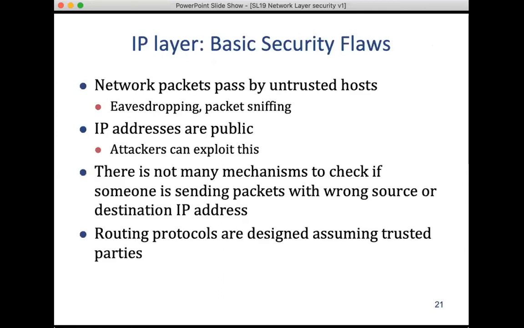So network packets or IP packets will pass to untrusted hosts, and that untrusted host can do anything. It can do eavesdropping or sniffing and read the content of the packet and so on.